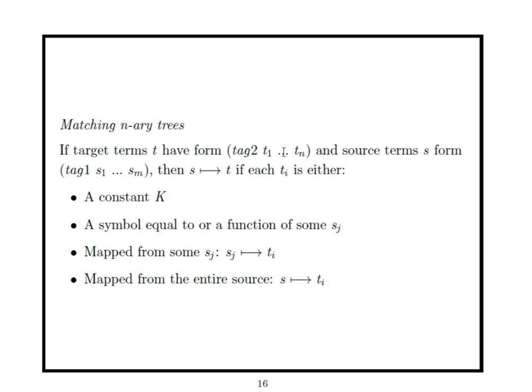In general, if we have a target tree like this with n subterms, we can look for correspondences based on the individual subtrees. So we need to find for each ti here some source term or combination of source terms which produces that ti.